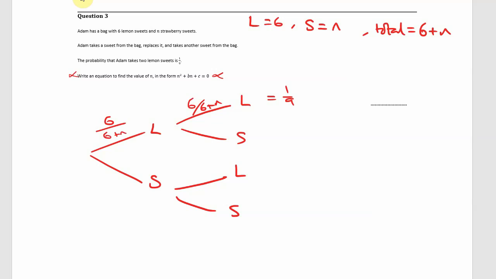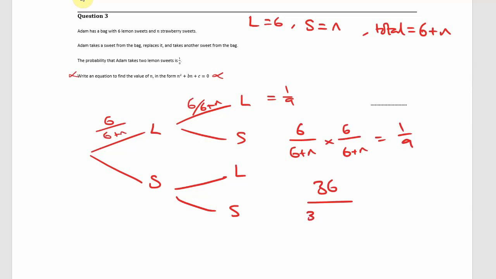I'm not going to fill in the rest because I don't need it. So I know that 6 over 6 plus n times by 6 over 6 plus n equals to a 9th. And then I just need to go ahead and do this algebra.